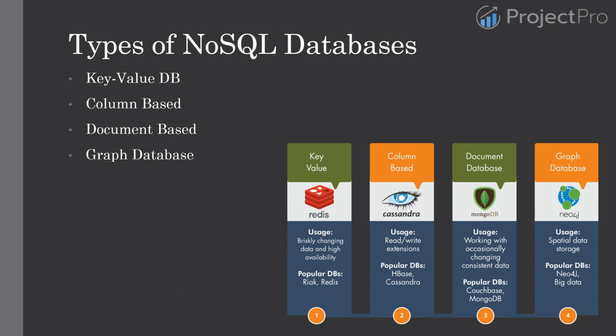Then there is the column-based database. While relational databases store data in rows and read data row by row, when you submit any SQL query you are scanning a whole table row by row. But a column store is organized as a set of columns.